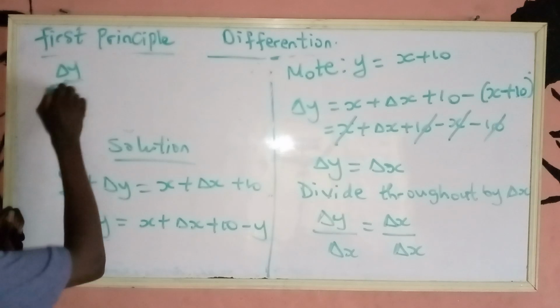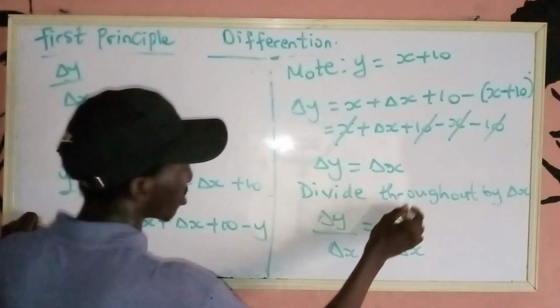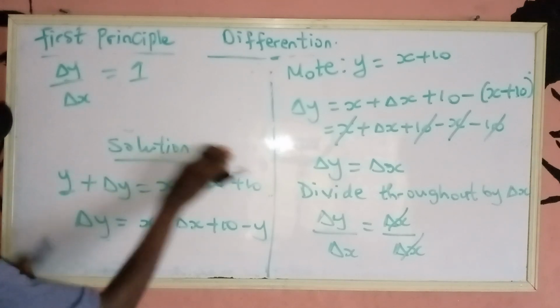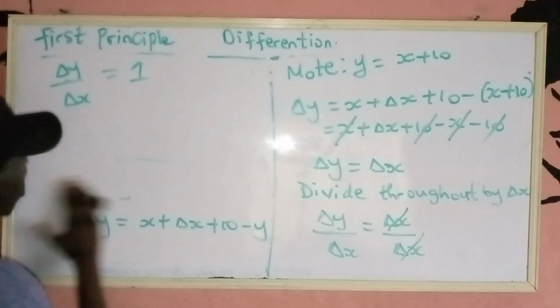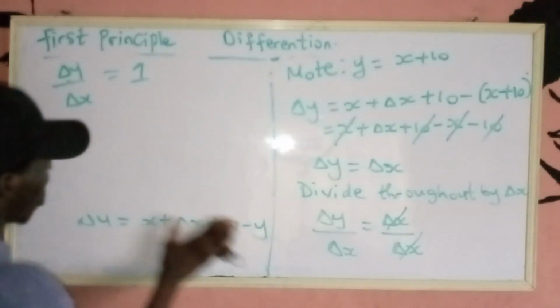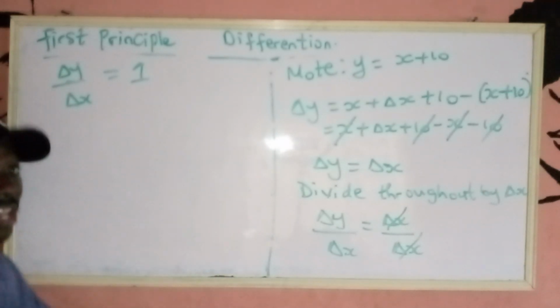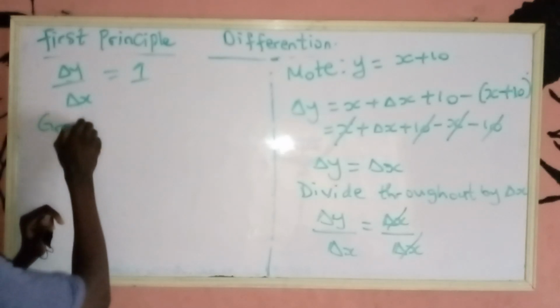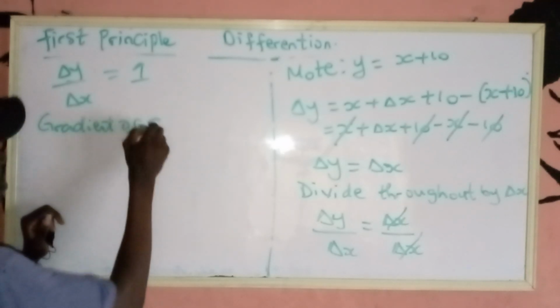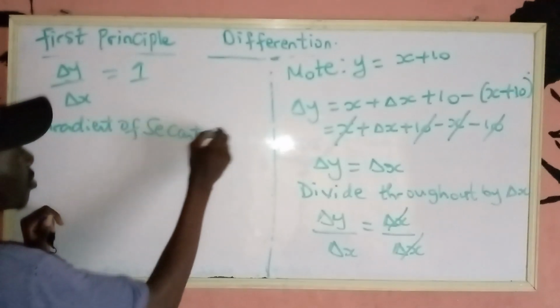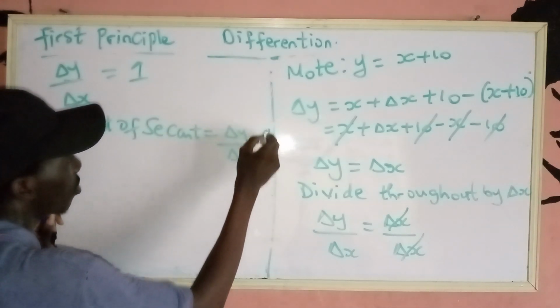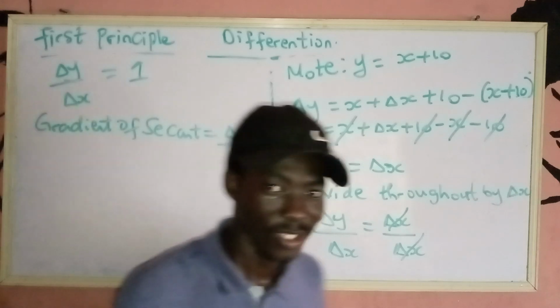So my change in y over change in x, this cancels this, and that is equals to what? 1. So therefore, my gradient of the secant, which is equals to change in y over change in x, is equals to 1. Simple as that, not hard.